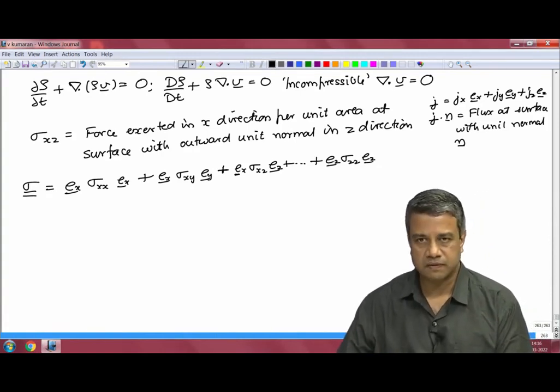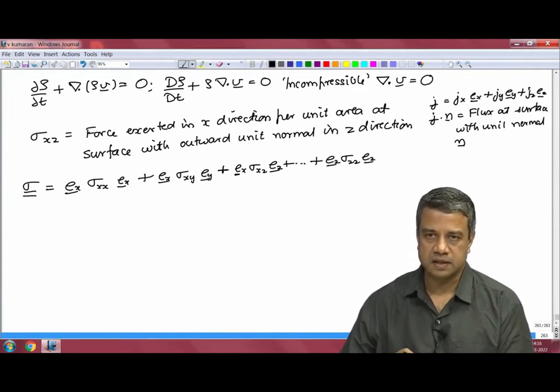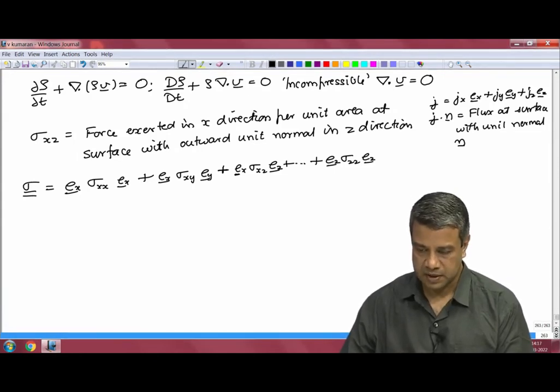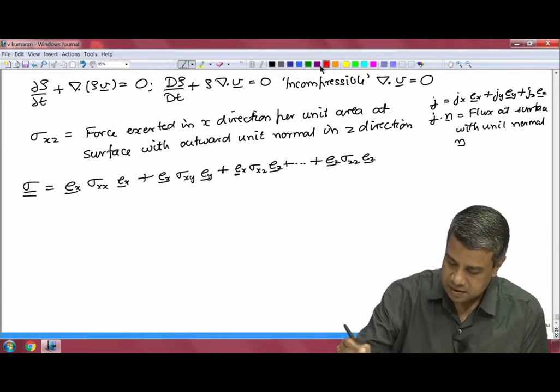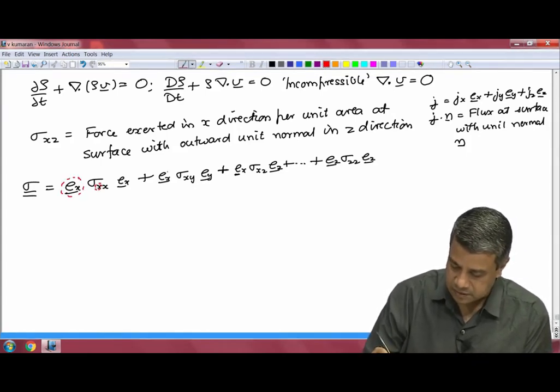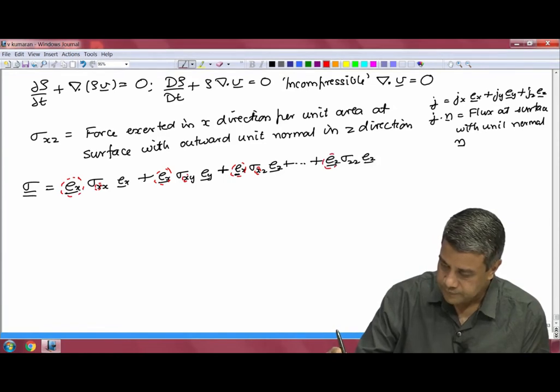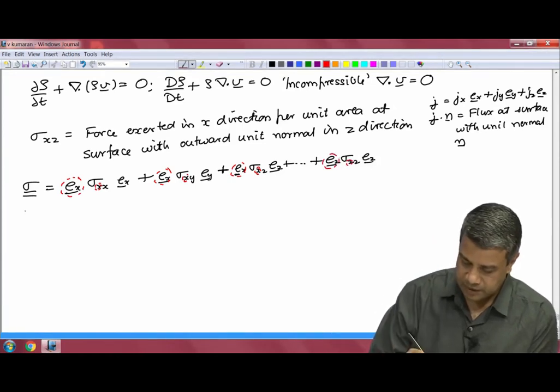It will have a total of 9 components. The direction of force can be in one of 3 directions x, y or z, and the direction of transport can be in one of 3 directions x, y or z. In each of these cases, the first unit vector and the first index represents the direction of force.